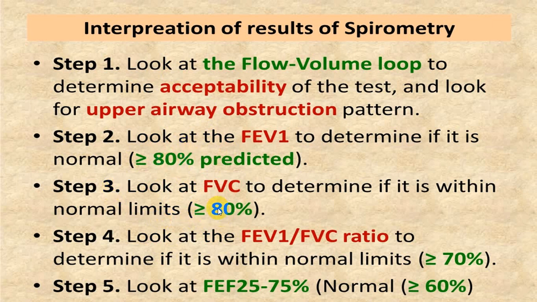So FEV1 and FVC are 80%. And when you look at the ratio, by and large the ratio should be more than 70%. So FEV1 should be 70% of FVC. Almost it is between 70 to 80. It is more than 70, but it is around 80. But a range is there.